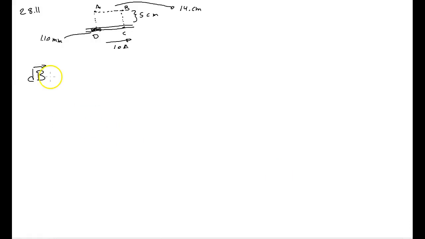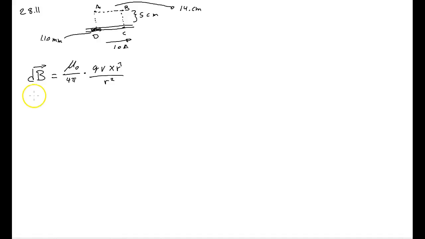It doesn't say it's very long, so we're gonna do a dB, and it's mu sub naught over 4 pi times q v cross r hat over r squared.